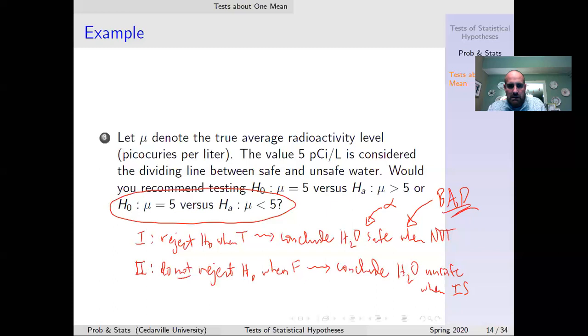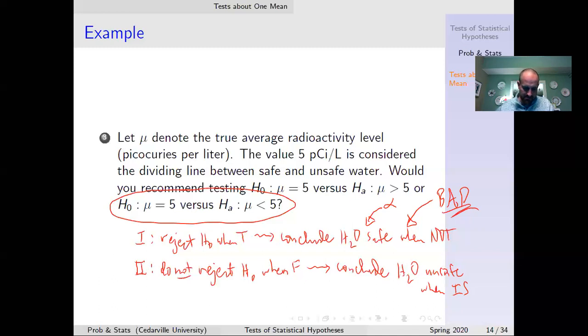I mean, that's not that bad. But concluding that the water is safe when it actually is bad, that's a bad thing to do, because you would be drinking unsafe water. So once again, we see that type 1 error is the thing that we would want to control.